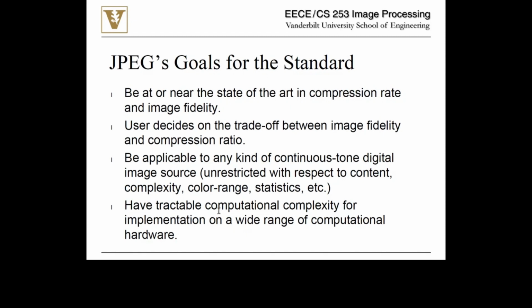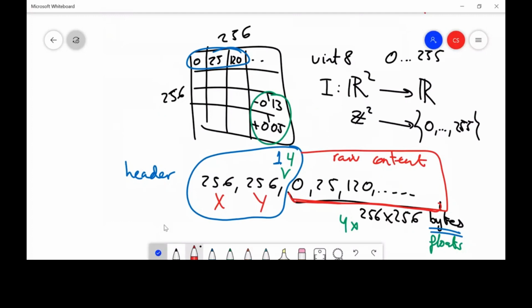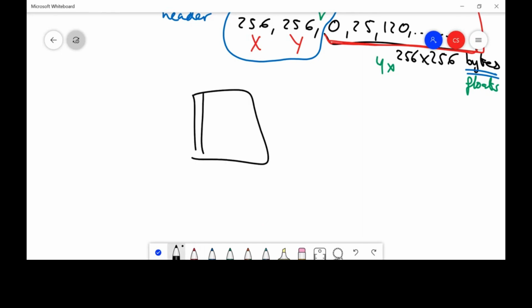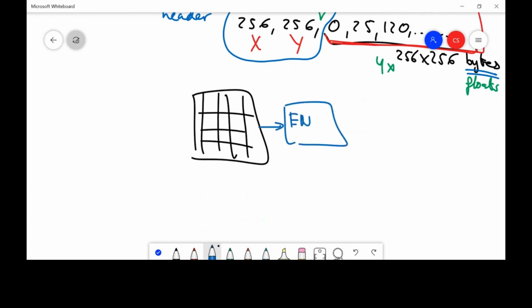So when you have an image saved in JPEG and you load it, you have to undo all the processes that the encoder has done. We will see it later, but the idea is that you have your image here, and it goes to an encoder.